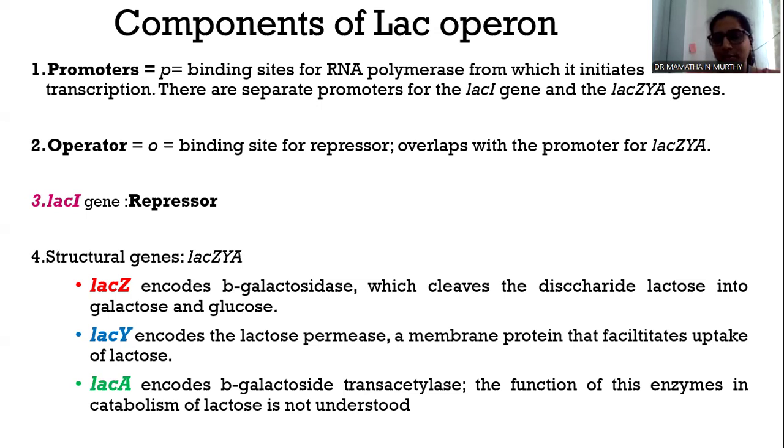It is a membrane protein that facilitates uptake of lactose from the surrounding bacterial environment. Then the lacA gene codes for beta-galactoside transacetylase. The main function of this enzyme is not completely understood, but it is said to be involved in the metabolism of lactose.